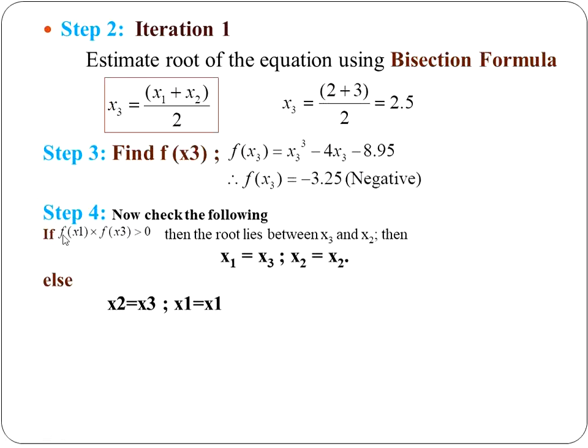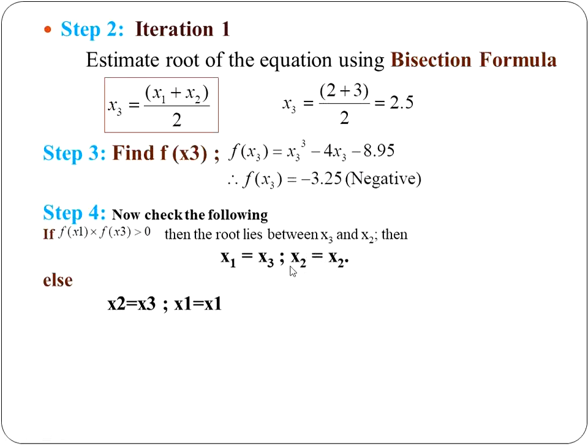One is, if function of x1 times function of x3 is more than 0, then the root lies between x3 and x2. Then we can write x1 equal to x3 and x2 equal to x2.